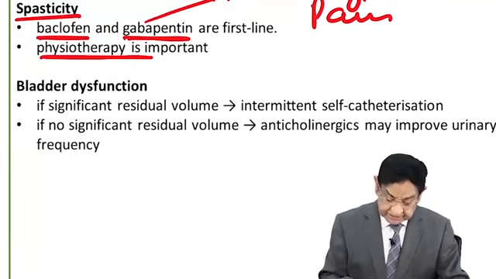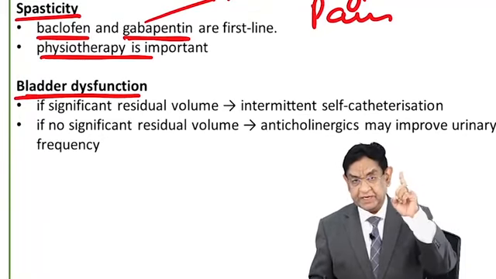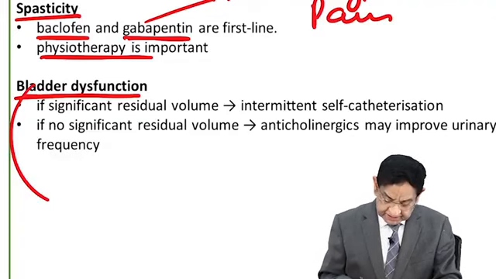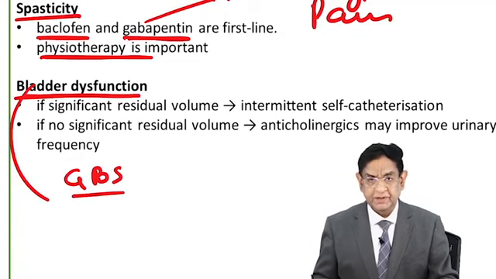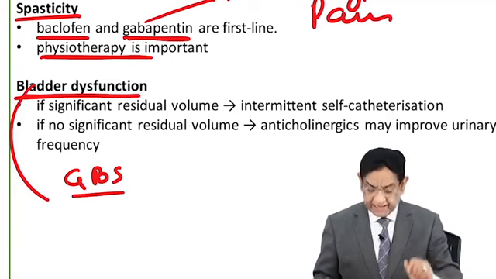Bladder dysfunction is again a big problem in this patient. Now from an extra edge point of view, one thing, gold medal line. We have another disease called GBS, Guillain-Barré syndrome, right? In this also demyelination occurs.